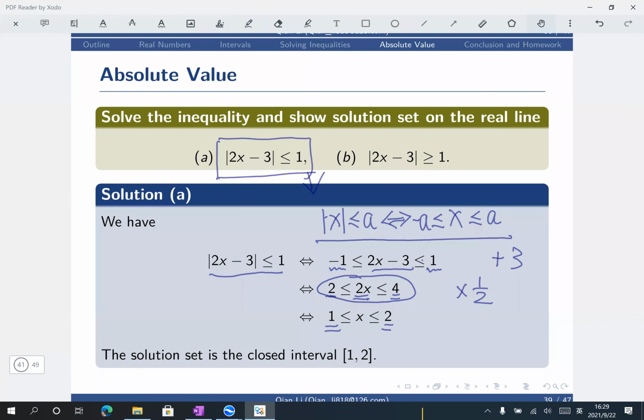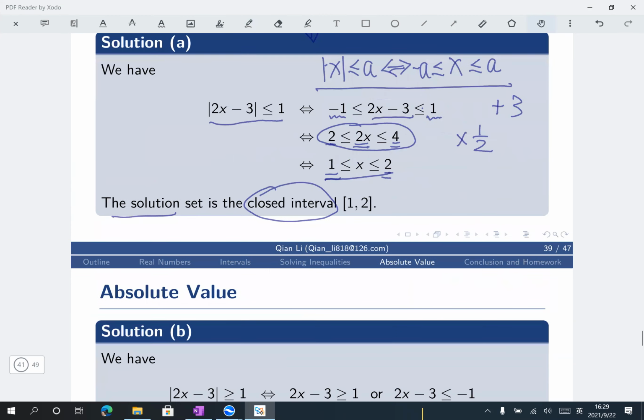Then the solution of this inequality is the closed interval from 1 to 2, right? This is the first example.